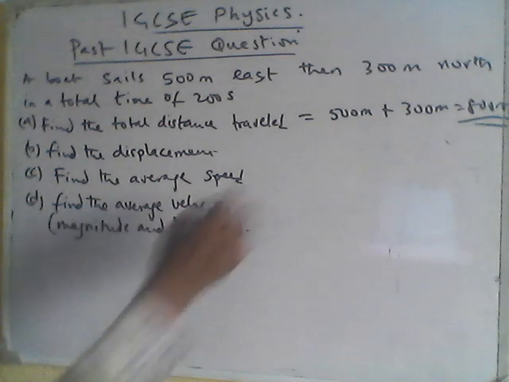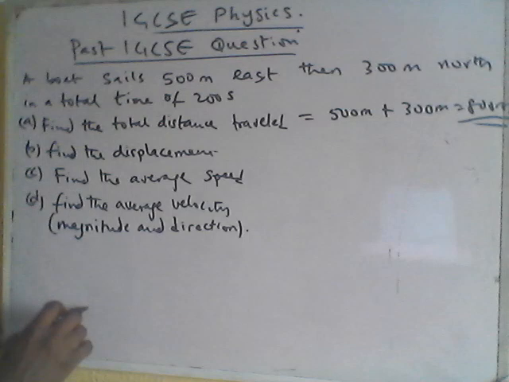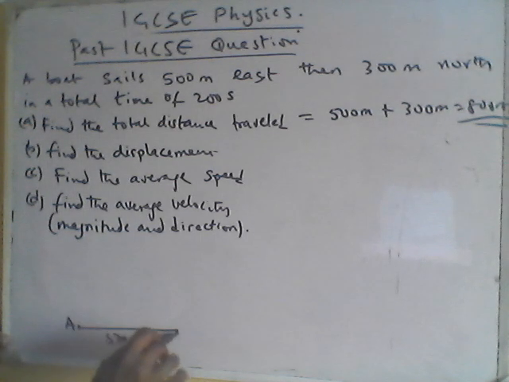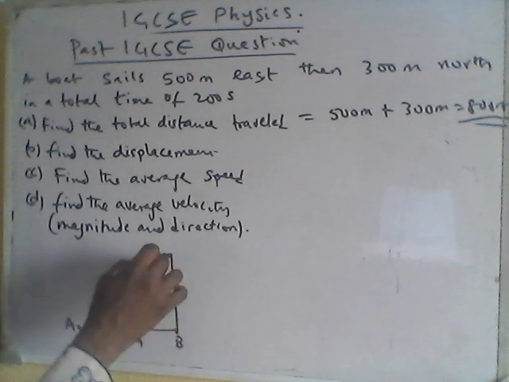I will draw it here. It starts at a point, let's say point A, and sails 500 meter east. At the end of the 500 meter, let's say point B, it now moves 300 meter north.